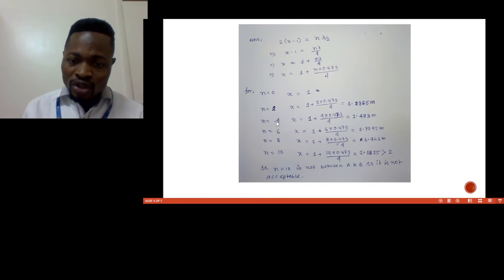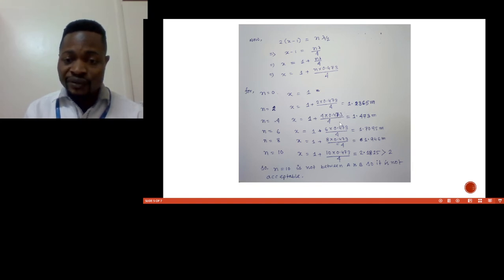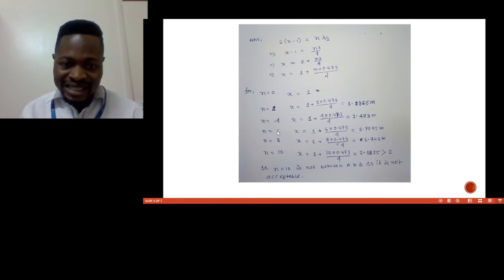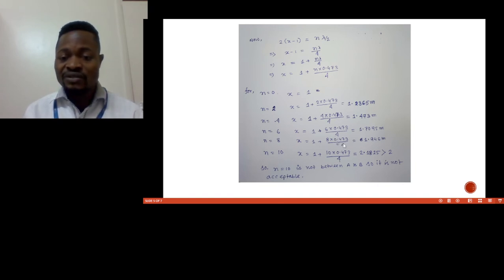When it is 4, you simply plug in 4 here, multiply it by 0.473, which is our lambda, divide by 4, and you have 1.473 meters. When it is 6, this is what we have: plug in 6, multiply by lambda, divide by 4. When it is 8, 1 plus 8 multiplied by 0.473 divided by 4.